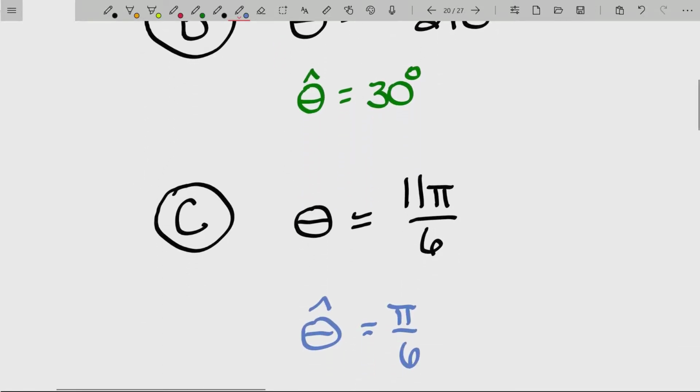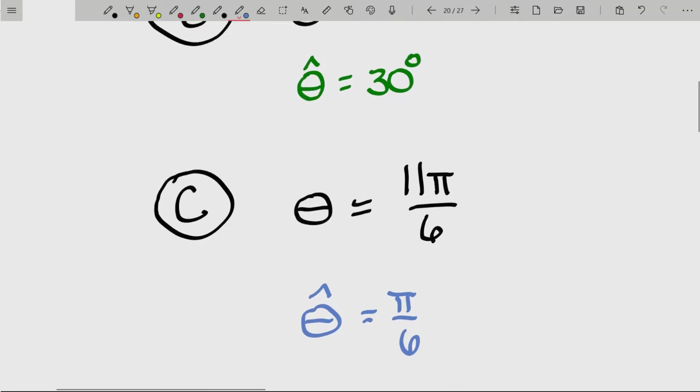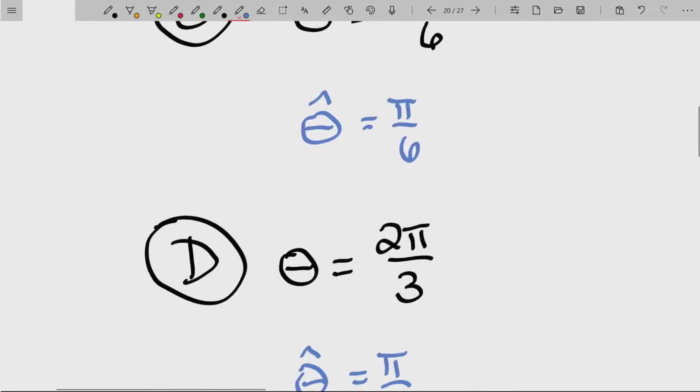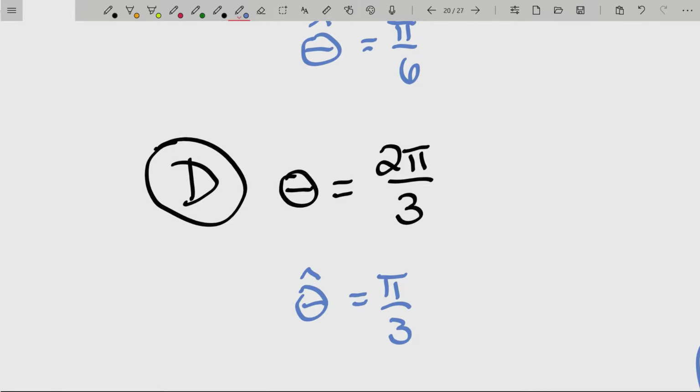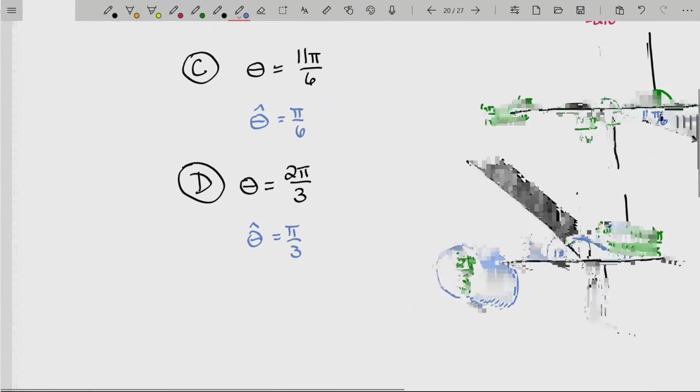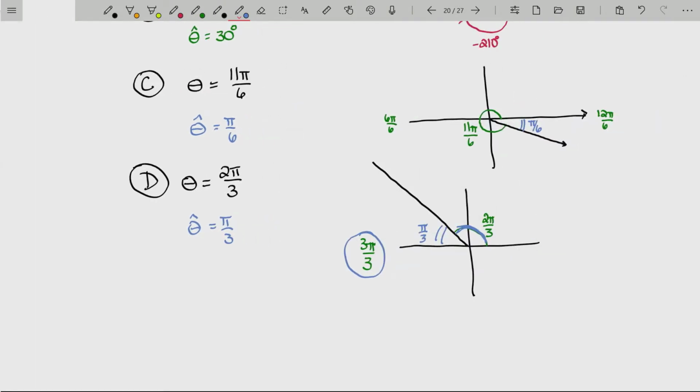Radians, on the other hand: 11 pi over 6 is the angle, pi over 6 is the reference angle. 2 pi over 3 is the angle, pi over 3 is the reference angle. It will not always be that way, but it will often be that way, where the reference angle is basically pi over the denominator. I want to accentuate that it will not always be that way.